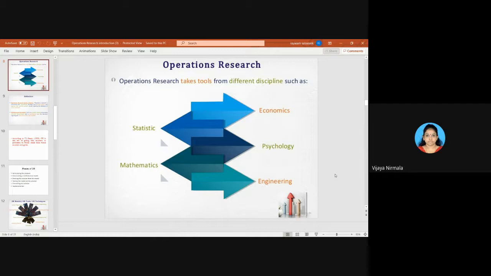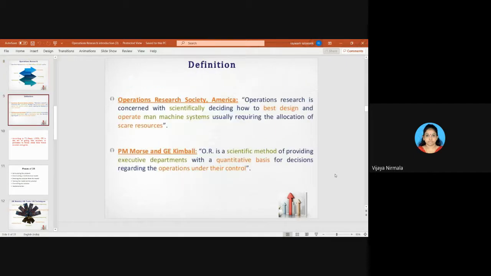In the next slide, we will discuss some definitions.